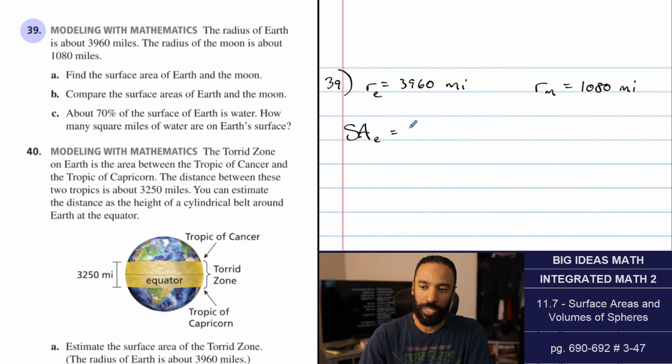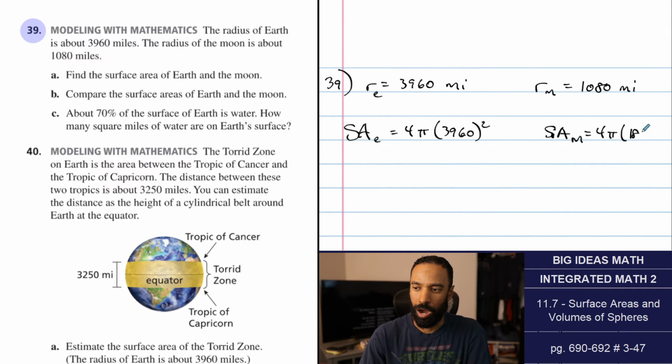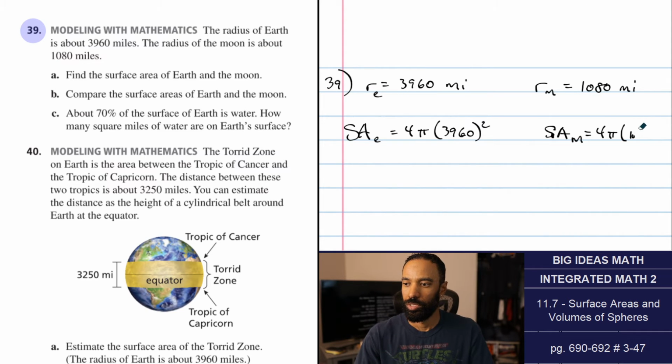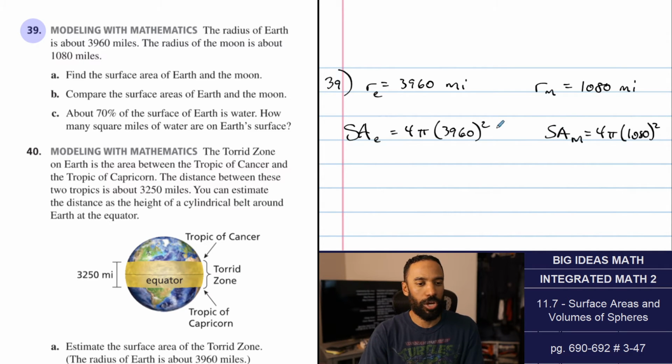SA for Earth is 4 pi times r squared, and surface area of the moon is 4 pi times 1080 squared. I still have my calculator thing to use, but I'll write the ones in terms of pi first.